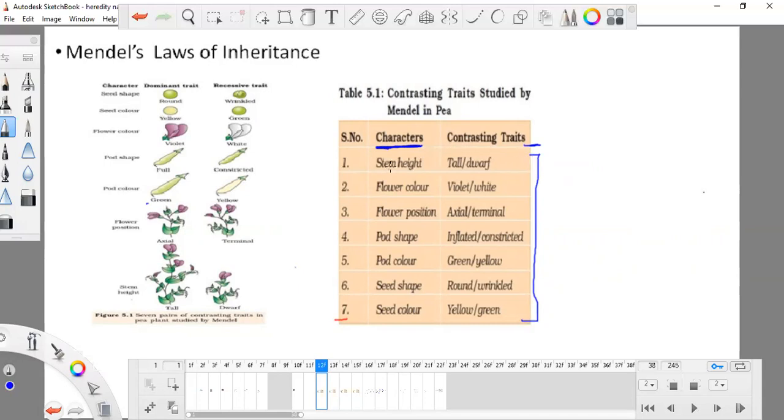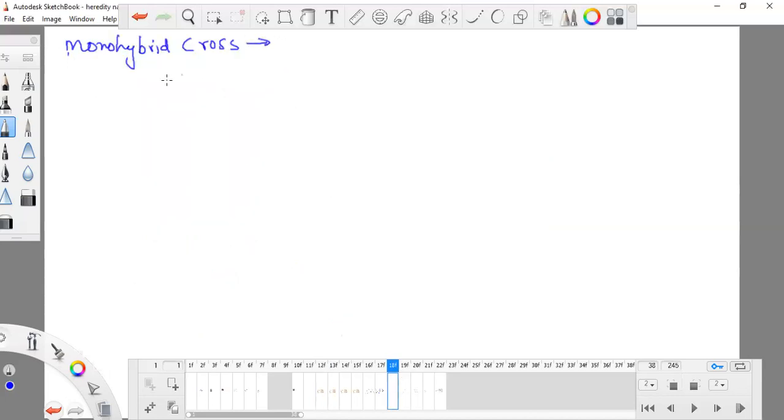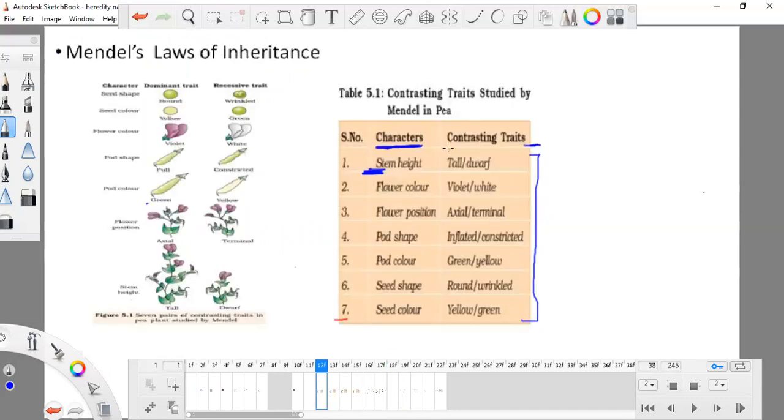Out of these seven characters you can choose any one, but as Mendel picked, sorry, as our book picked the character of height, I'm picking height. We will consider only one character. So according to the book, I'm taking stem height. There will definitely be two types of traits, tall and dwarf. For tall it will be capital T, and for dwarf it will be small t.